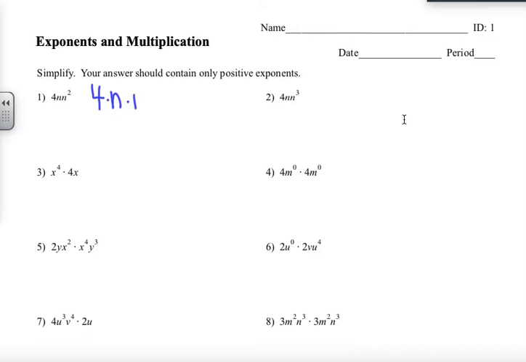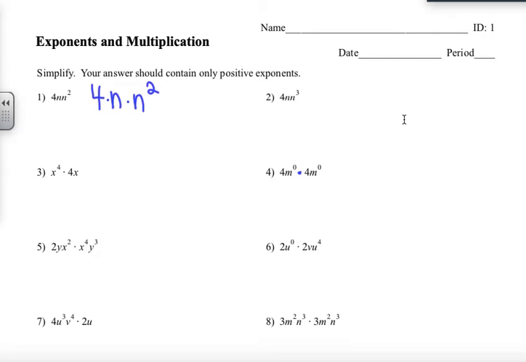Something to note is whenever we have no operation in between numbers or variables, we should know at this point it means multiply. So everything here is being multiplied. Even in number 4, there's one random multiplication symbol here, but that doesn't mean that these things aren't being multiplied as well. They just have one random multiplication symbol, I don't know why, but everything is being multiplied in all of these questions.